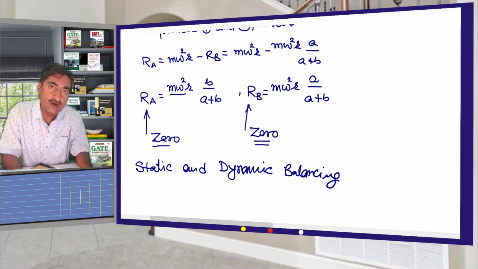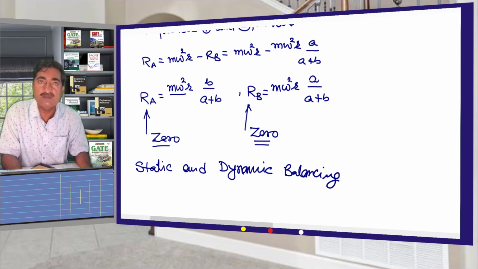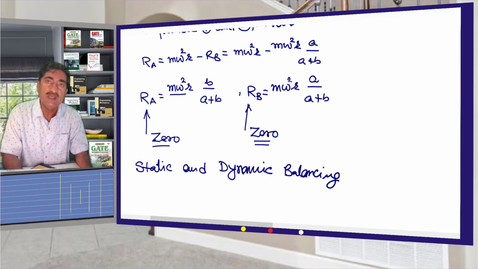If the center of gravity of all rotating masses is made to coincide with the axis of rotation, a state is achieved when the bearings will carry no additional reaction. However, the masses may still cause some net bending moment on the shaft. Such a bending moment will keep changing its plane and cause the shaft to vibrate.